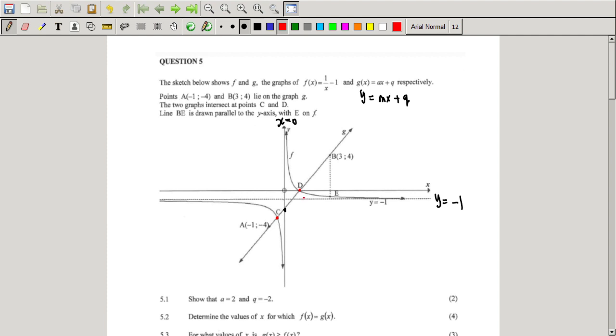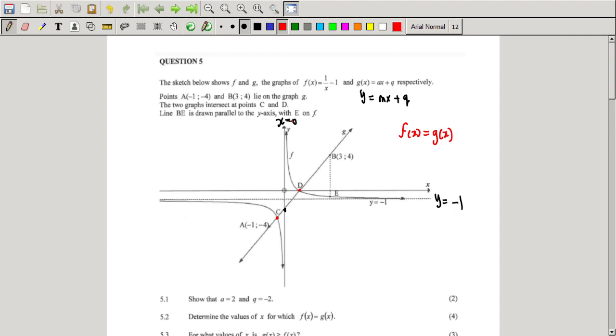Actually, let me say where they are equal to one another, is where f of x is equal to g of x. That's where they intersect. I hope you're together, because this property is very important. I love saying where they intersect is where they are equal.